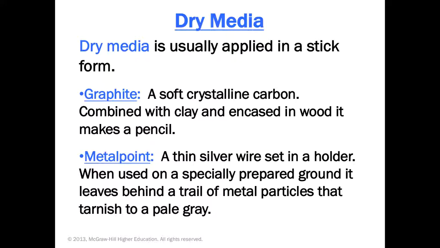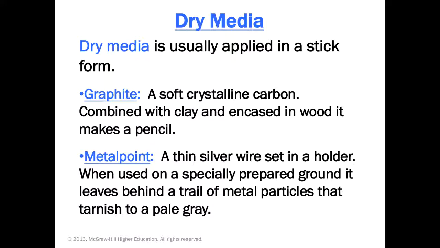Okay, so dry media, it's a stick form, graphite, soft crystalline carbon. So it's combined with a little bit of clay, and it's encased in wood. That makes a pencil. You can also get solid graphite writing instruments. I think they come with drawing kits. And that has a little bit of clay to stick it together. Metal point, not really used anymore, but this is the precursor to the pencil.